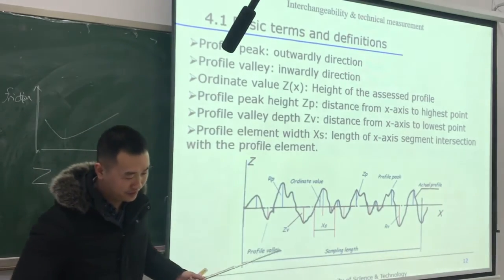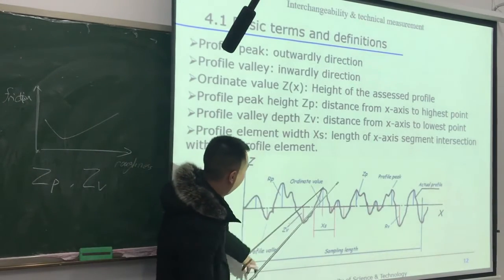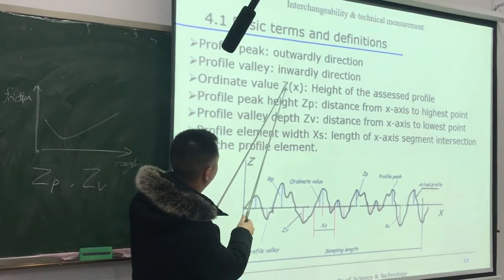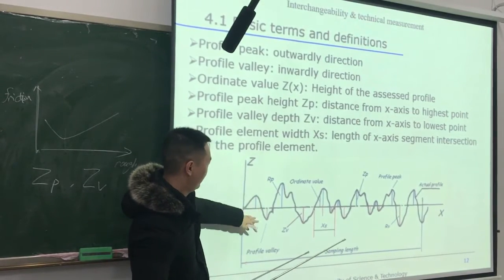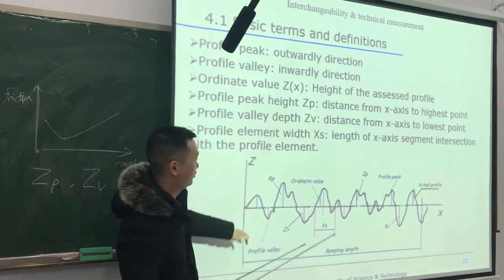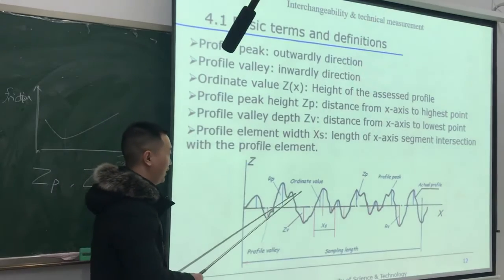These parameters, like zp and zv, are all measuring the profile in the z direction. And we also have a parameter to measure the profile in the x direction.